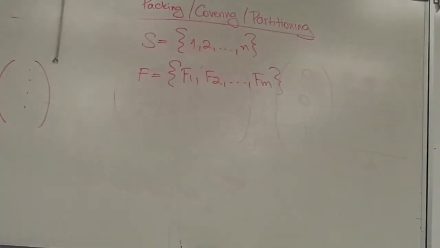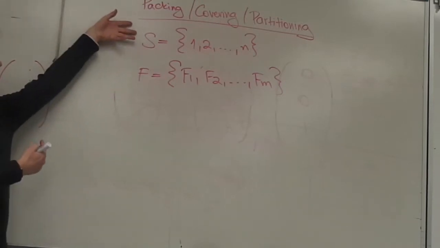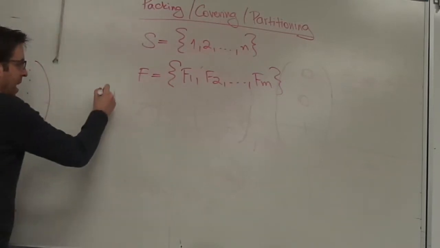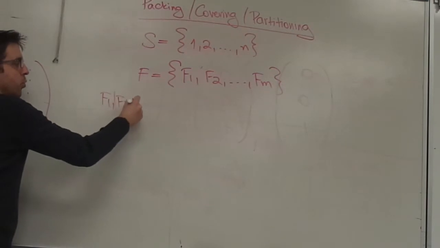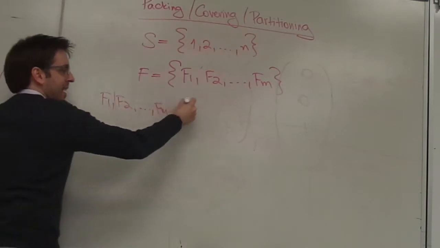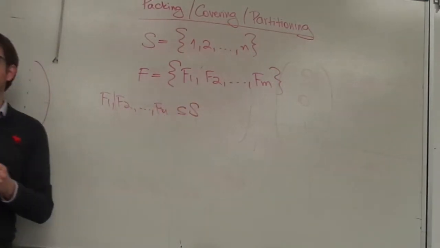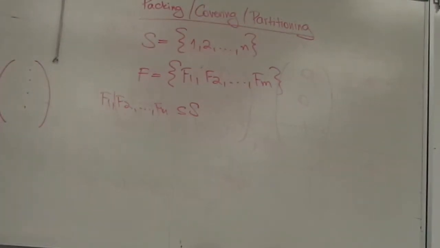For example, students and professors would be two sets. The student set is much bigger, and the professor set is much smaller, but that doesn't matter. Each is a set of elements in S. So we have F1, F2, and so on, which are subsets of the original universe S. All clear?